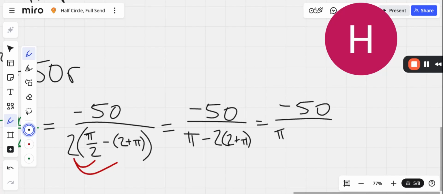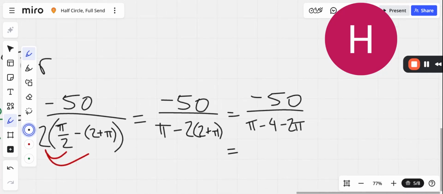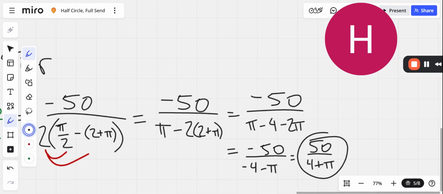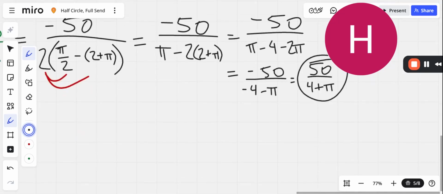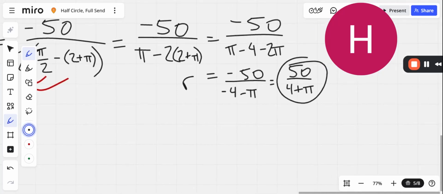So we get pi minus 4 minus 2 pi, which is negative 50 over negative 4 minus pi. We can take the negatives out of everybody, and we get 50 over 4 plus pi. Goodness. So it wasn't as ugly at the end of it all as you might have thought it was going to be. This is our radius for the semicircle, which if we attached it to a rectangle and had limited perimeter, this would maximize the total area.